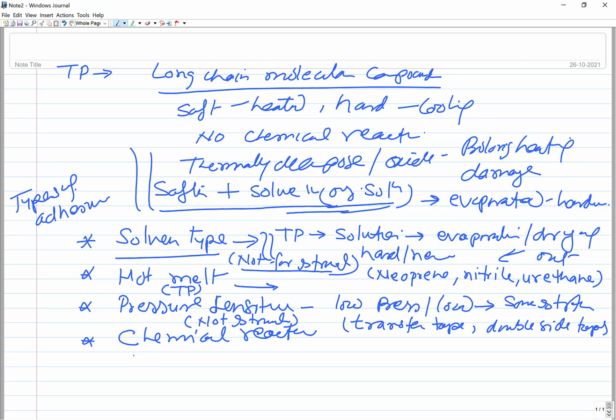So next one is the chemical reaction type of adhesives.